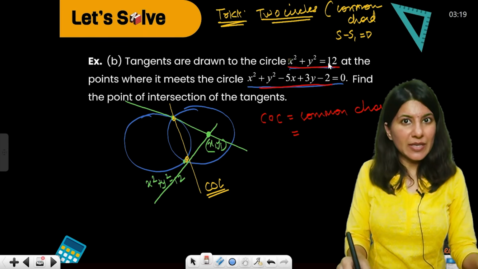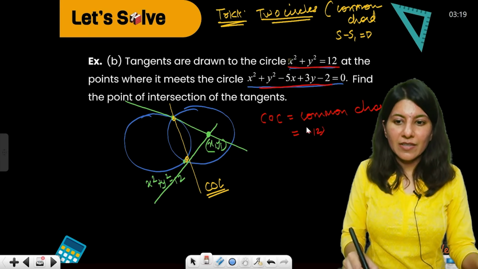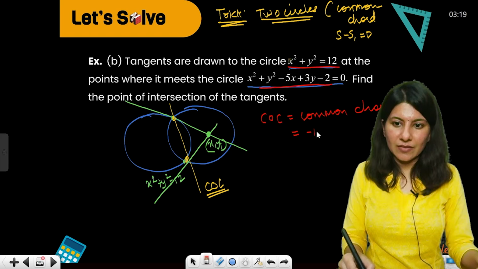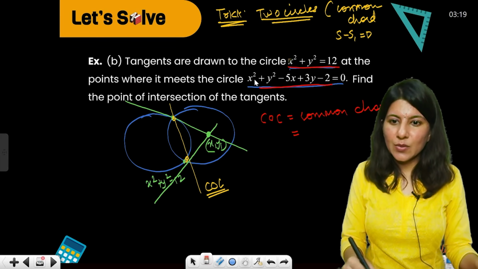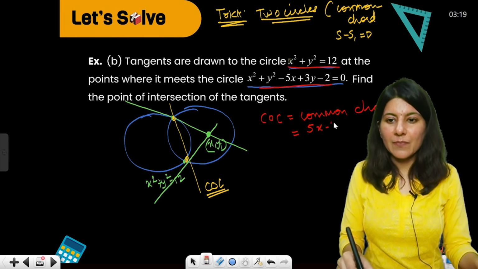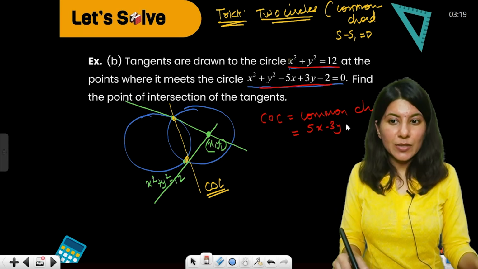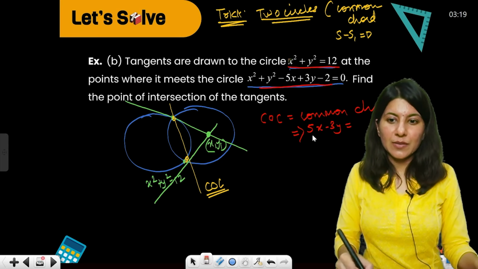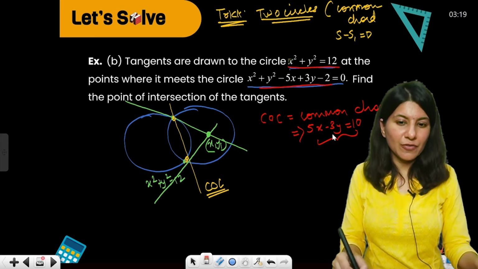So x square plus y square equals 12 and the second circle has minus 2. Subtracting, x square plus y square cancel out, then this is 5x minus 3y equals 12 minus 2, so 12 minus 2 is 10. This is your common chord of contact.